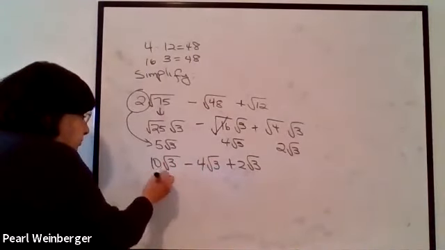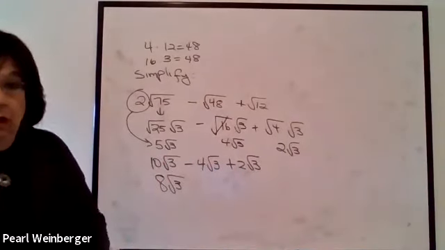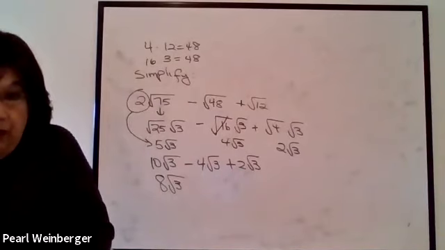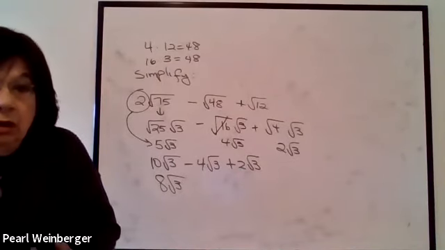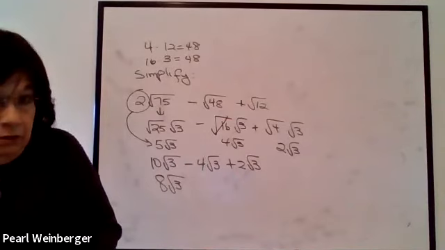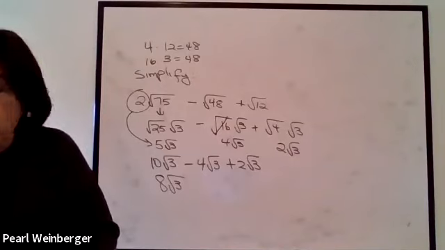My answer becomes 8 radical 3. So it's very important to know how to simplify radicals, because once you simplify radicals, you might be able to combine terms that didn't seem to be like terms or like radicals.